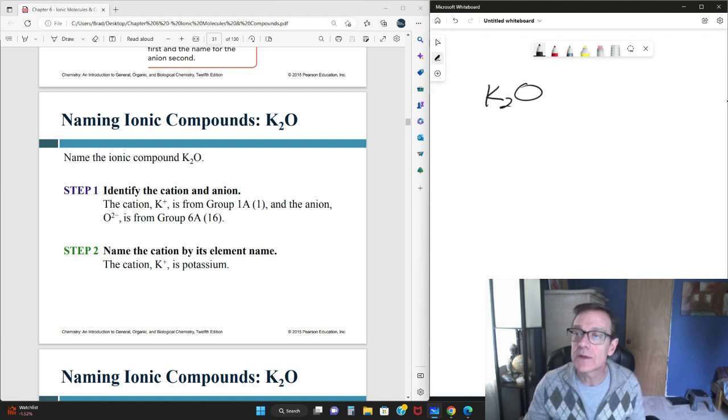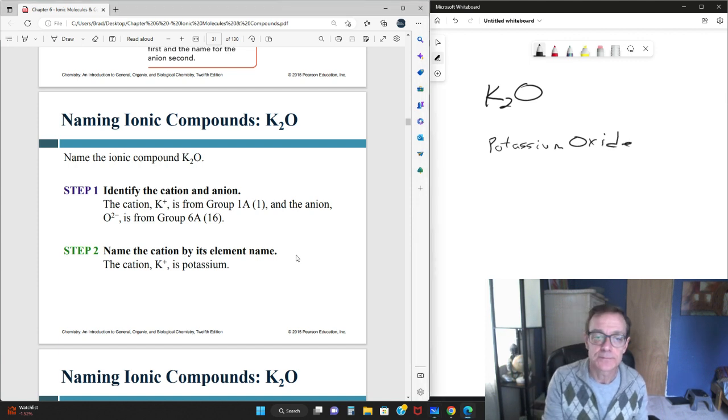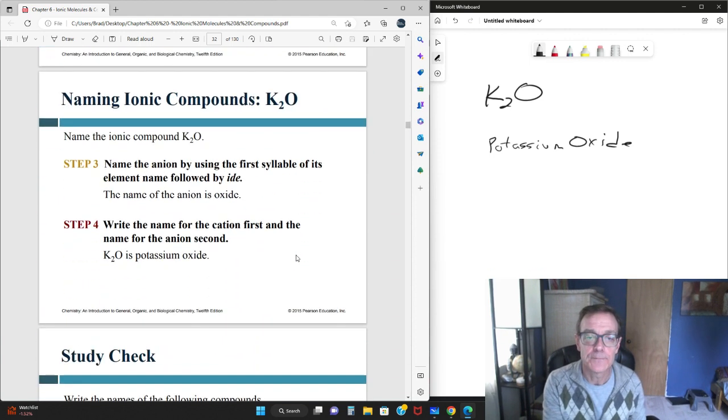The name of that is going to be, of course, potassium, then the non-metal, ox, and then instead of oxygen, it's oxide.